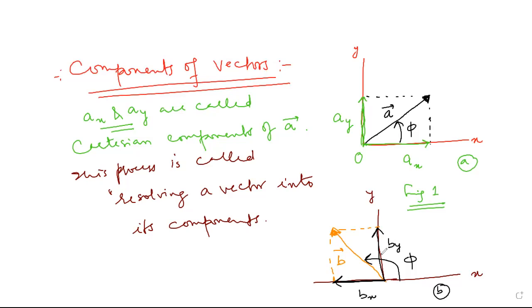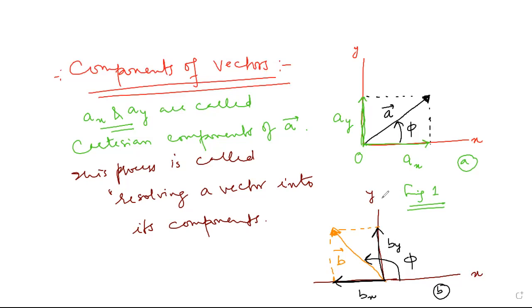So they can be positive or negative depending on the vector, how it is oriented, whether it lies in first quadrant, second quadrant, third quadrant, or fourth quadrant. Accordingly, you have to see the sign of its rectangular components.